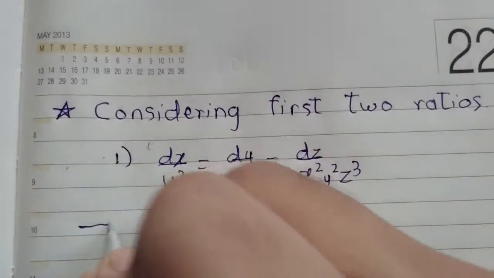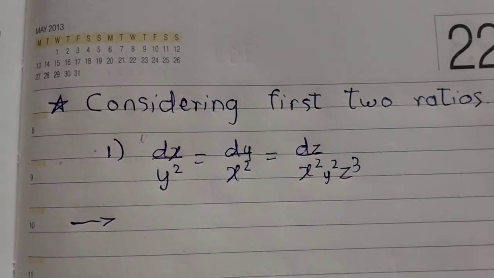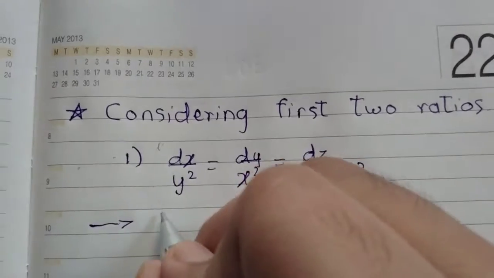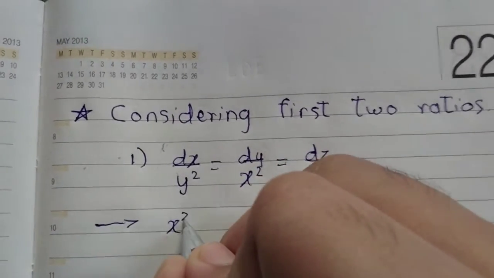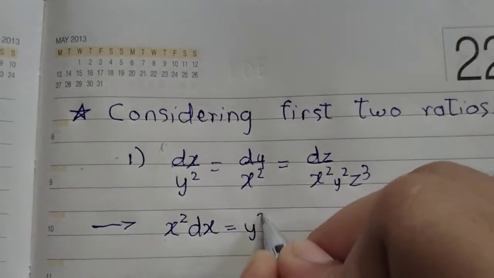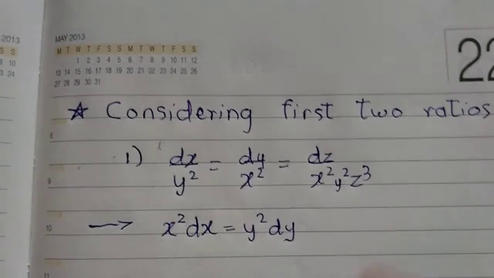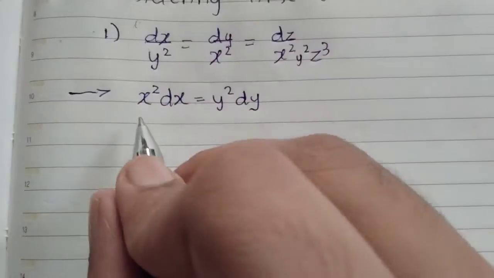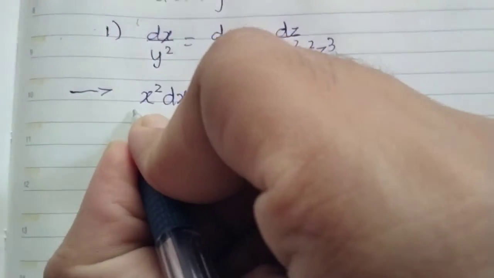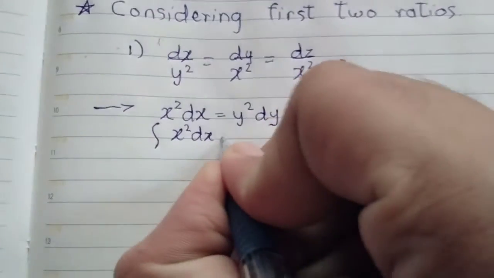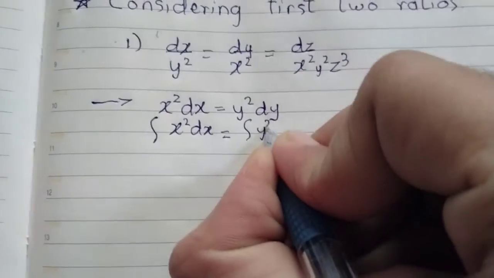So now solving, by cross multiplying we will get x square dx is equal to y square dy. Now integrating on both the sides, we will get integration of x square dx is equal to integration of y square dy.